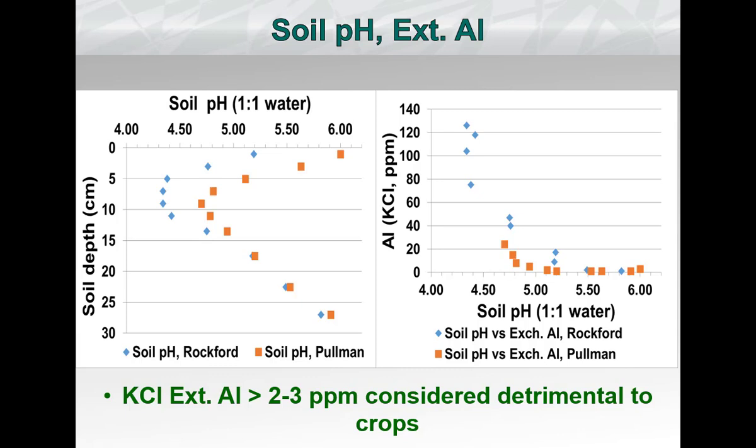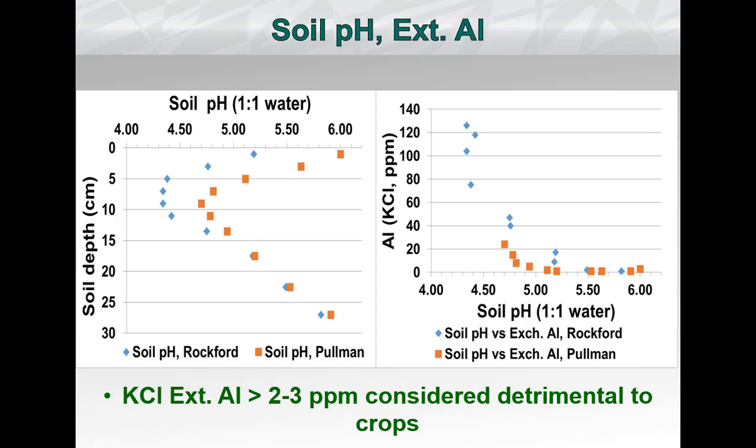I've heard all kinds of numbers, and I suspect that there are root systems impacted at lower levels of extractable KCl aluminum, but I've also heard 10. I've heard other things in the literature in terms of amounts. Some of that comes back to the actual crops in terms of their tolerance to aluminum and other factors that are impacting this.